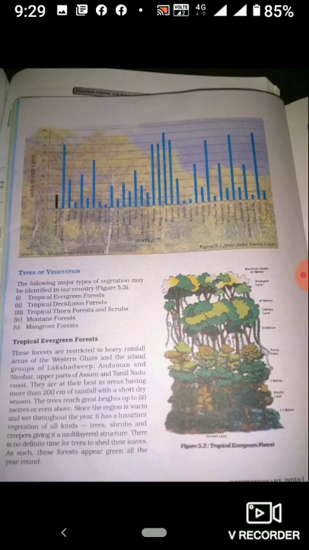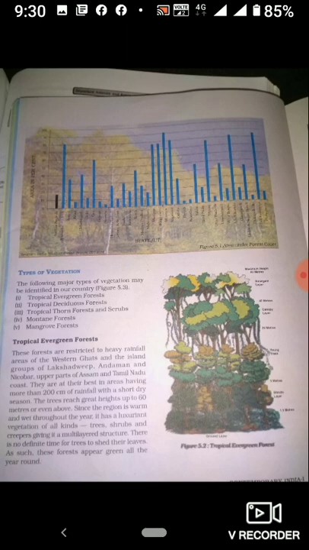So, we have generally five types of natural vegetation that we find in India. This is the general classification of natural vegetation that we find in India.